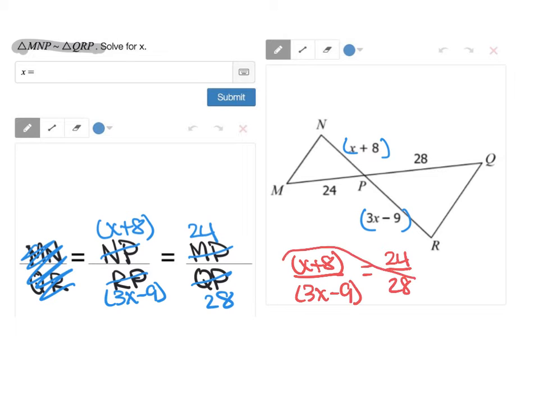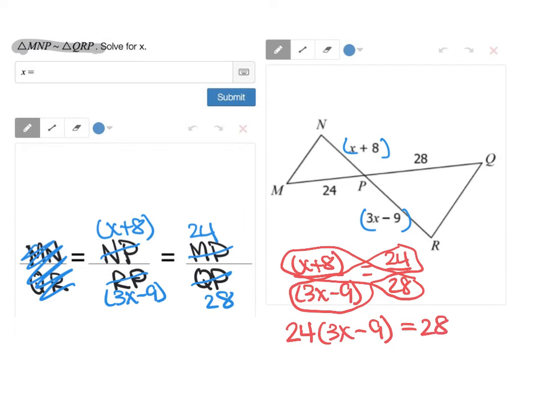When you cross multiply, whatever number is the normal number, put it in front. So like 24 times 3x minus 9 equals 28 times x plus 8. It just makes it easier for distributing and whatnot. I'm not going to solve this one in full, but you would solve it and get whatever you get for x.